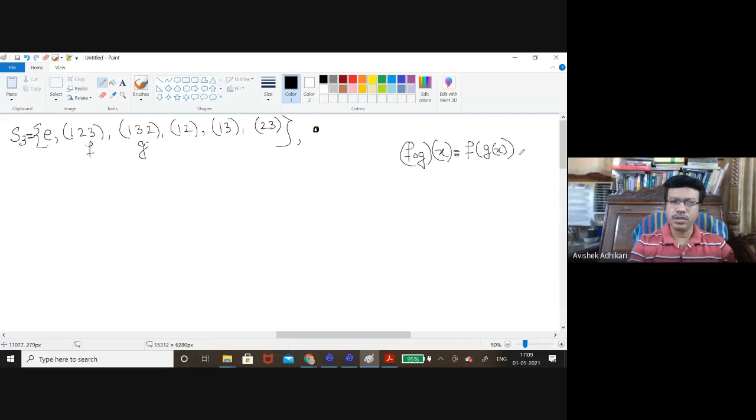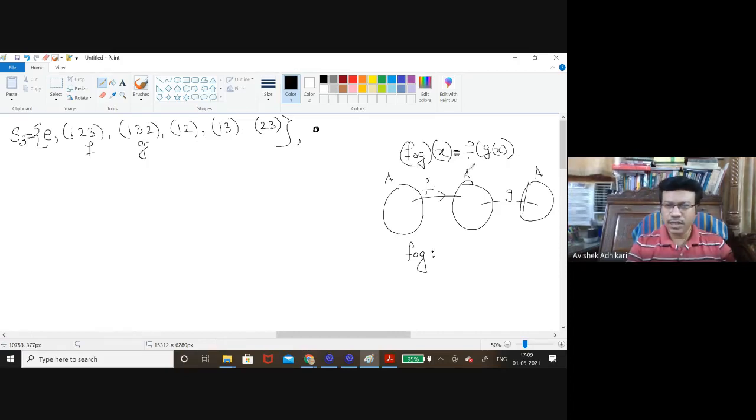Very good. So F was a mapping from A to A, and G was also a mapping from A to A. When I evaluate F composition G, where does it start from? More clearly, if I write A, B, C as three different names (in my case, permutations, all of A, B, C are A), it would be easier to understand.